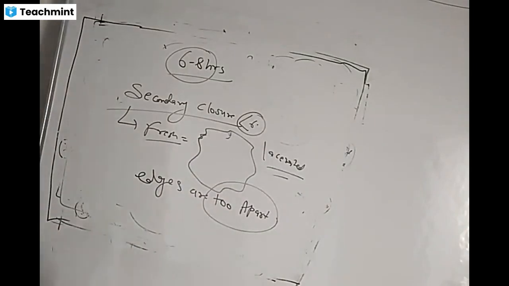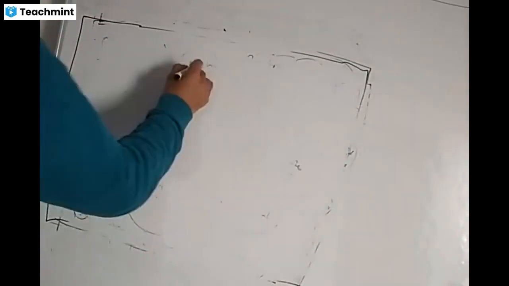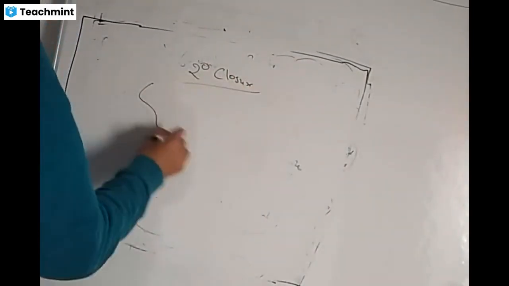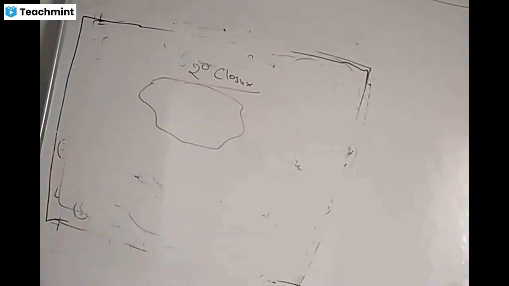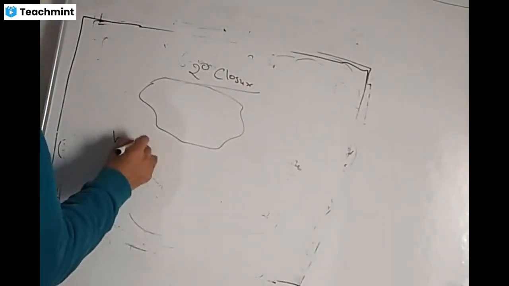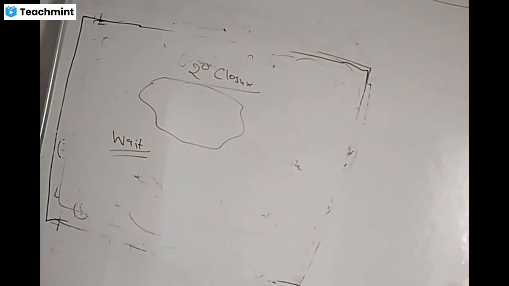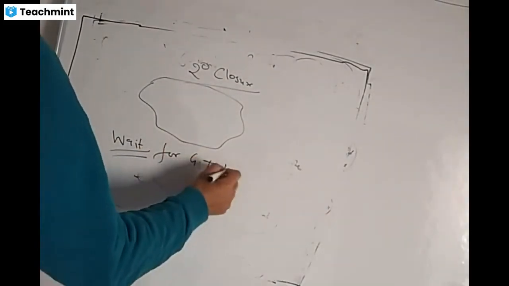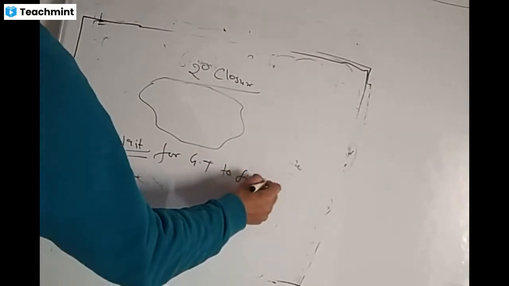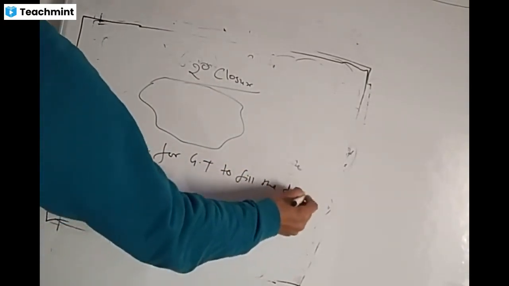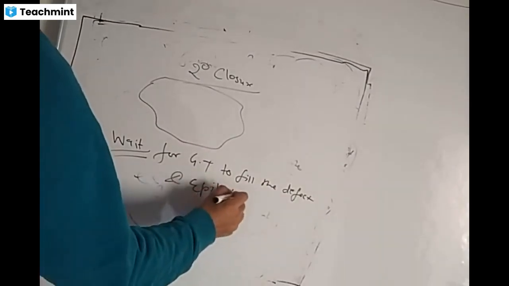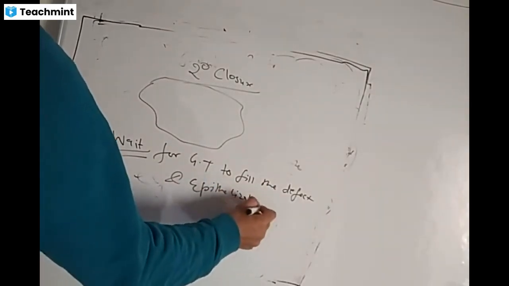So in case of secondary closure, where the edges are very far apart, we will wait for granulation tissue to fill the defect and epithelialization to occur.